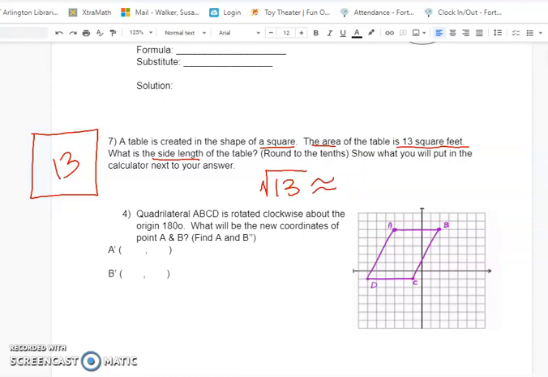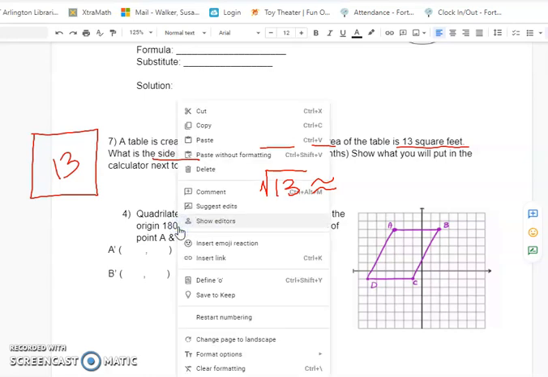And the next one, messed up here too. I need to make that a degree sign. Let's see. See if I can format here. Let's see.